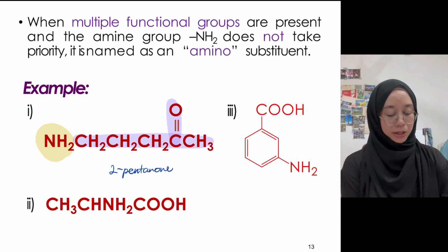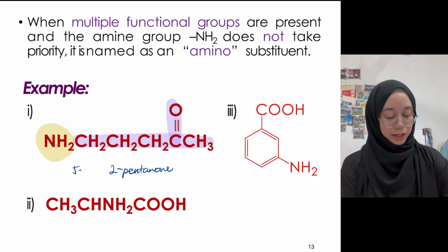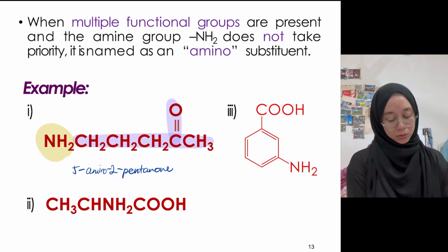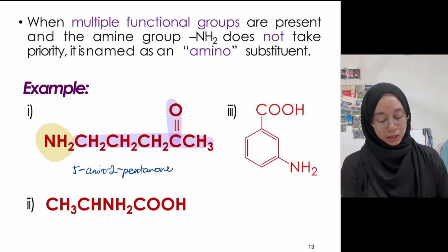So amino kita berada dekat carbon number 5, so nama dia adalah 5-amino-2-pentanone. Okay, meanwhile yang nombor 2 ni pula, priority lagi tinggi diberi kepada kita punya COOH obviously.